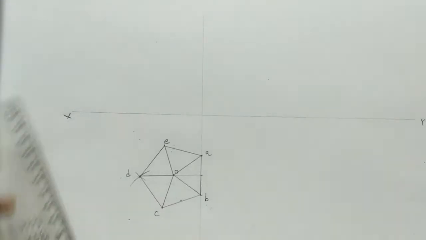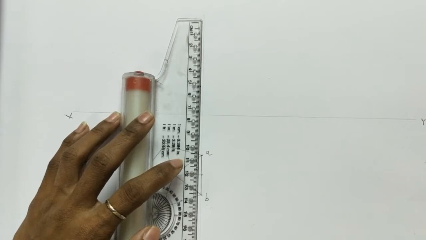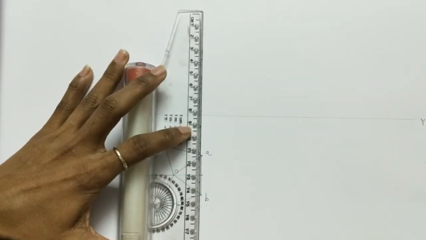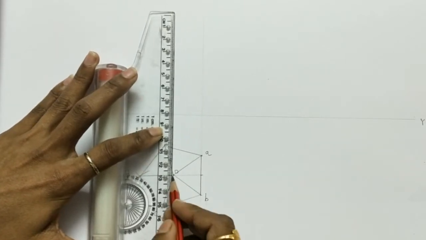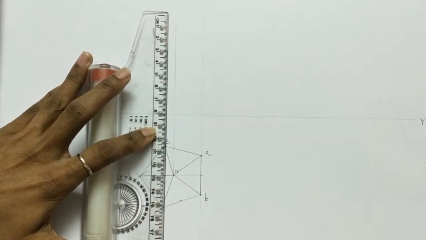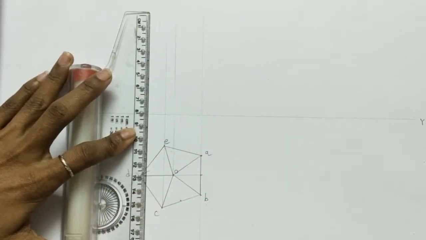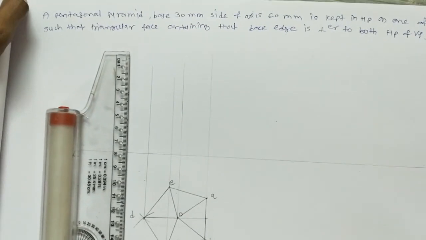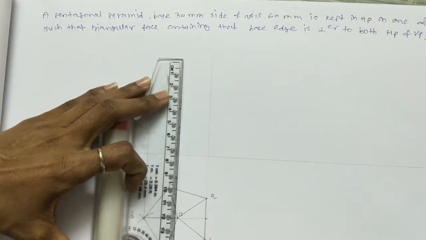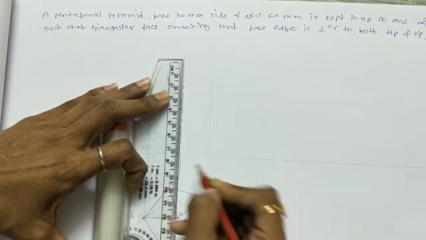Now take projections of all these points in the front view. Take projection of center point O. Then these 2 points, C and E, lie on the same line, and then point D. Now this is the center line or axis, so draw it as one line long, one line short, like this.